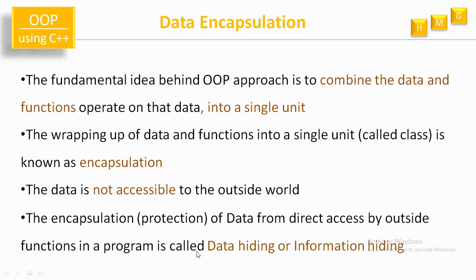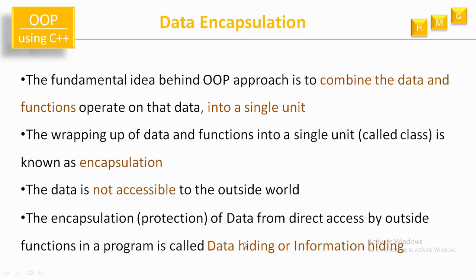That particular mechanism is called data hiding or also information hiding. So the protection of data from direct access by outside functions in a program is called data hiding or information hiding. So now we can say that data encapsulation is used for data hiding or information hiding.